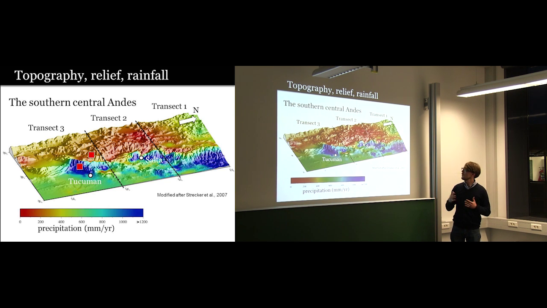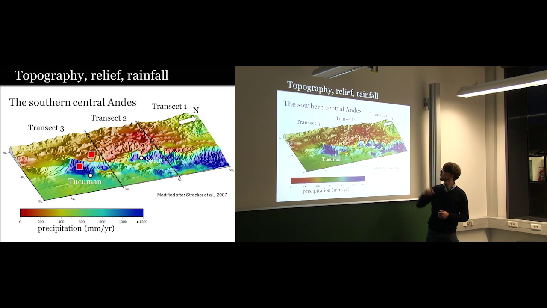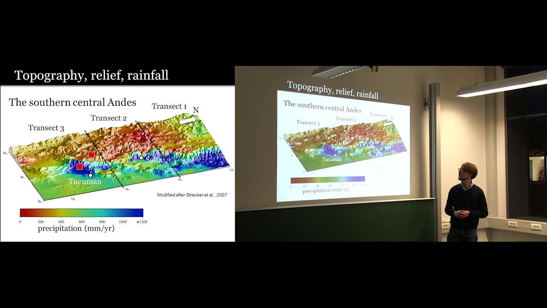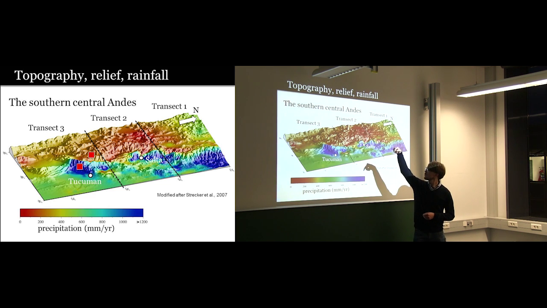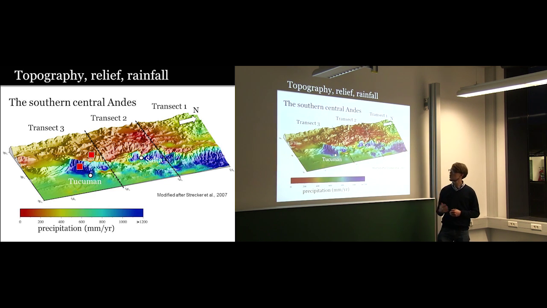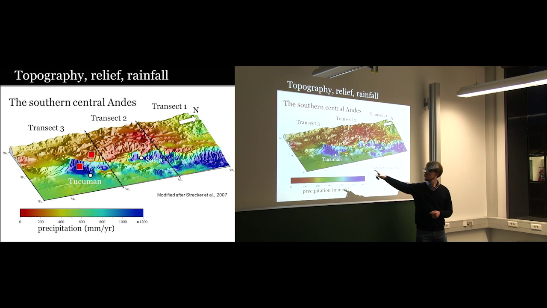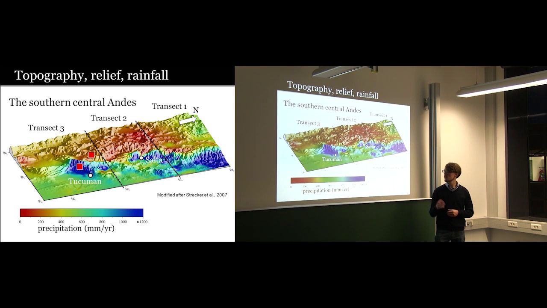If this moisture is coming down along the Andes and is transported into northwest Argentina, it encounters the first barriers and uplifts of the Andes, and there you produce quite high rainfall amounts. However, the backsides, as you can see by the more reddish colors, are quite arid, with precipitation of 200 to 100 millimeters per year.